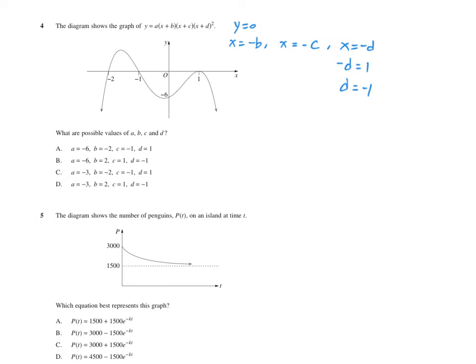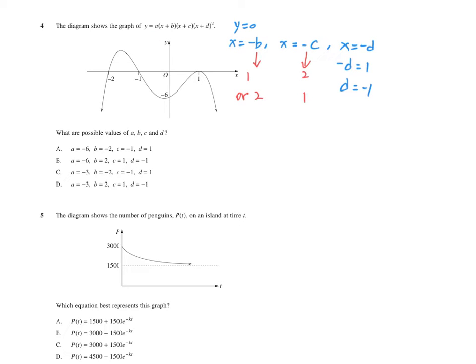And for all the other zeros, we have b and c, so minus b and minus c should take the values minus 2 and minus 1, which means it's either b equals 1, c equals 2, or the other way around, b equals 2, c equals 1.